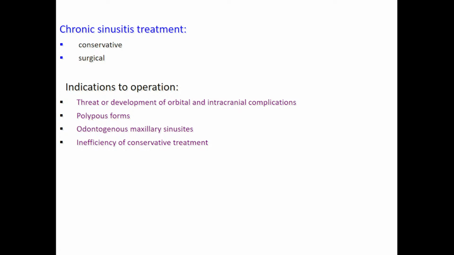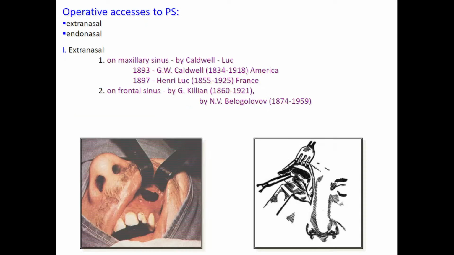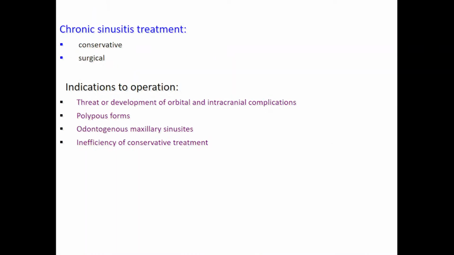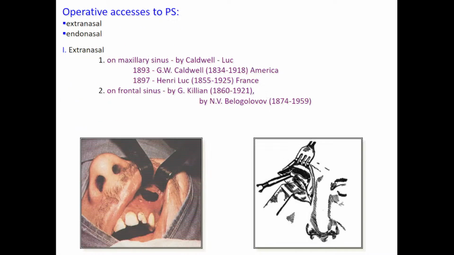Chronic sinusitis also may be treated in a conservative way or in a surgical way. Indications to operation are threat or development of orbital or intracranial complications, polyposis form, odontogenous maxillary sinusitis, inefficiency of conservative treatment. Conservative treatment is the same as in the case of acute sinusitis.